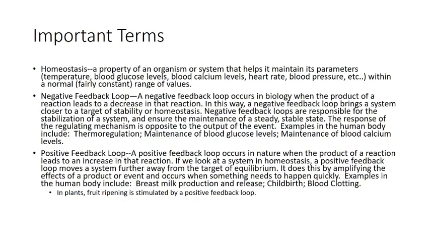Examples in the body include making and releasing breast milk, the actual process of childbirth, the baby being pushed out of the uterus. Blood clotting is another example. It needs to happen in a big way, and it needs to happen fast. In plants, the process of fruit ripening is also stimulated by a positive feedback loop, and we'll talk about that one in just a minute.